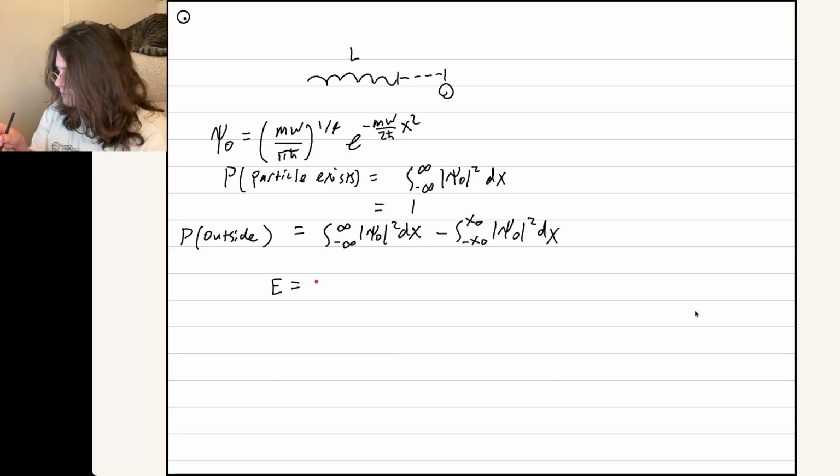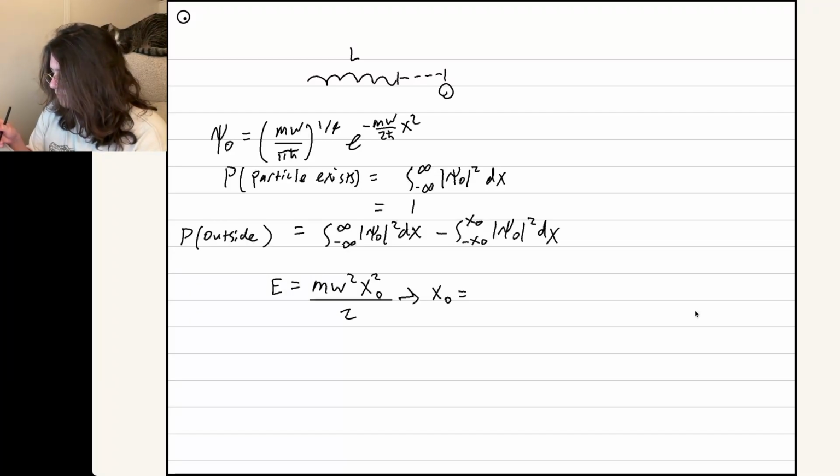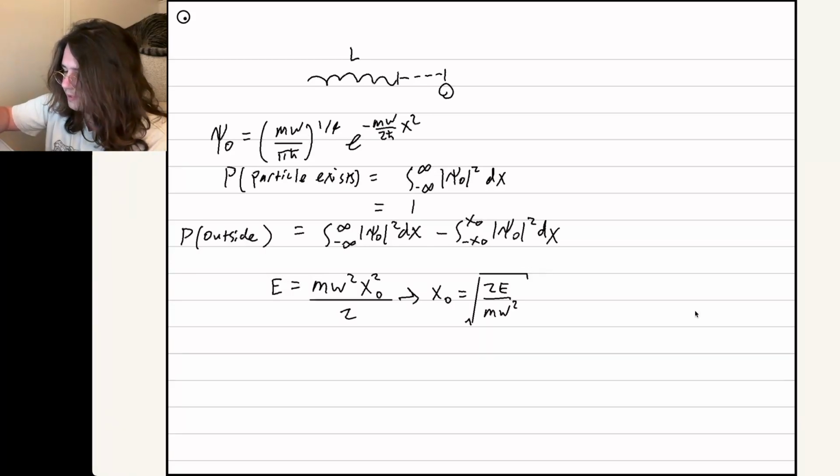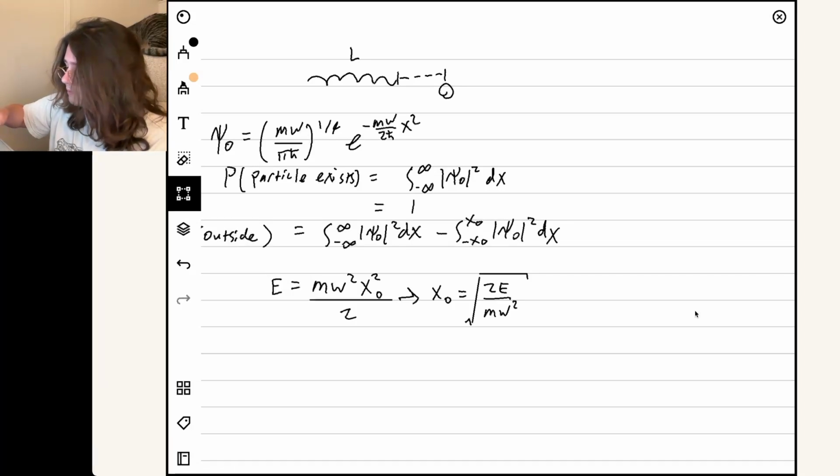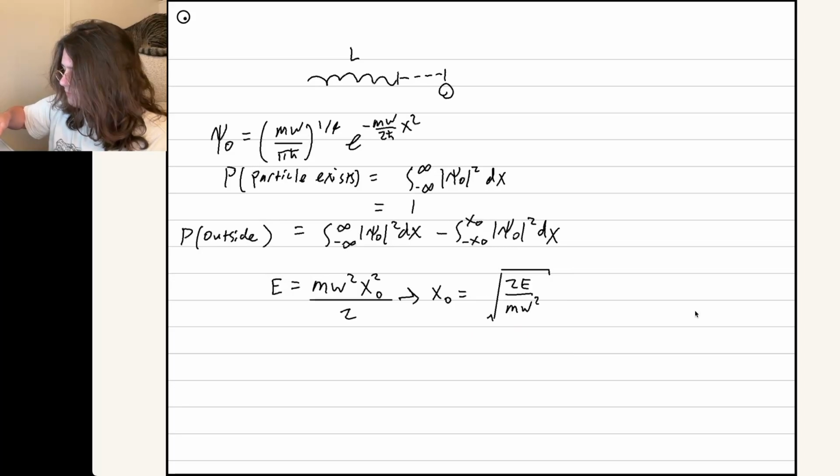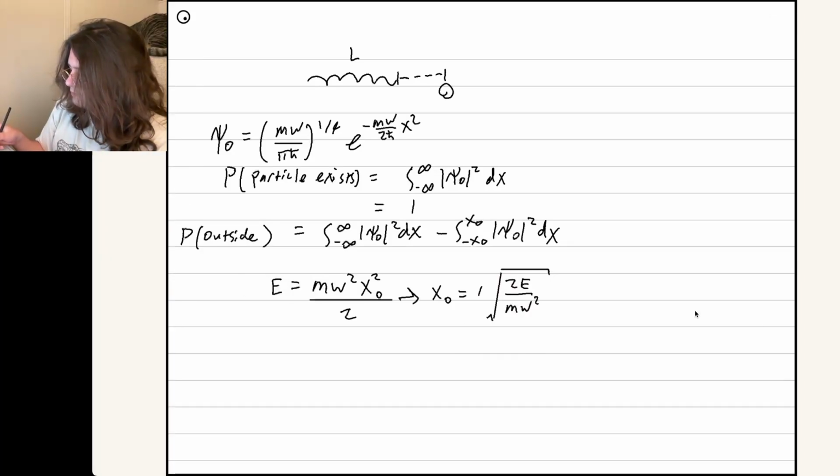So that's going to be, for the harmonic oscillator, m omega squared x0 squared over 2, and then I'm going to solve for x0, so that we have x0 equals the square root of 2E over m omega squared, with a plus or minus sign attached to it, depending on which side of 0 you're on for the position.